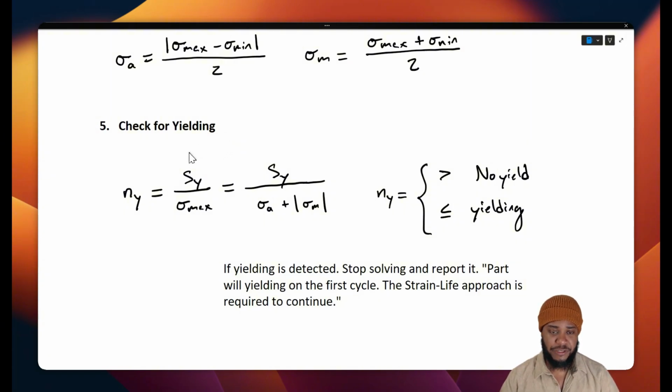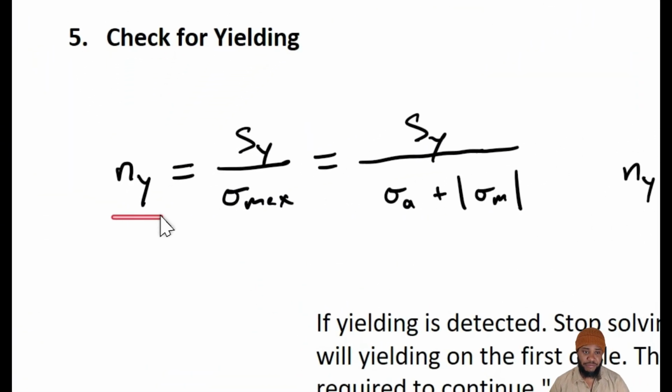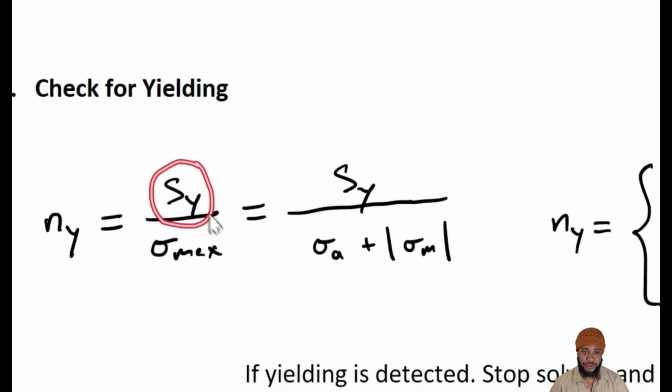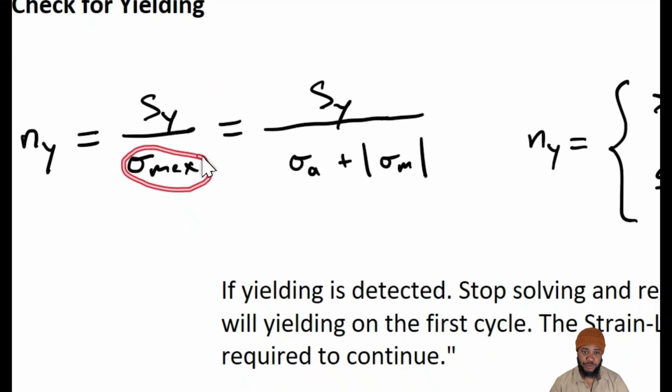Now the yield check is simply the Langer yield line equation. And we can include a safety factor, where the safety factor for yielding is equal to the yield strength of the material divided by the maximum stress.